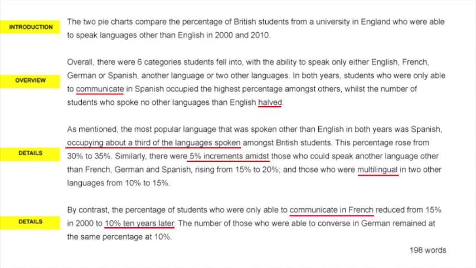And instead of saying things like 2000 and 2010, I wrote 15% in 2000 and 10% 10 years later. So these are just self-explanatory things that the marker will understand. So you just have to be comfortable with using a bit more complex language if you are familiar with it. And these are just simple ways to make your vocabulary stand out.